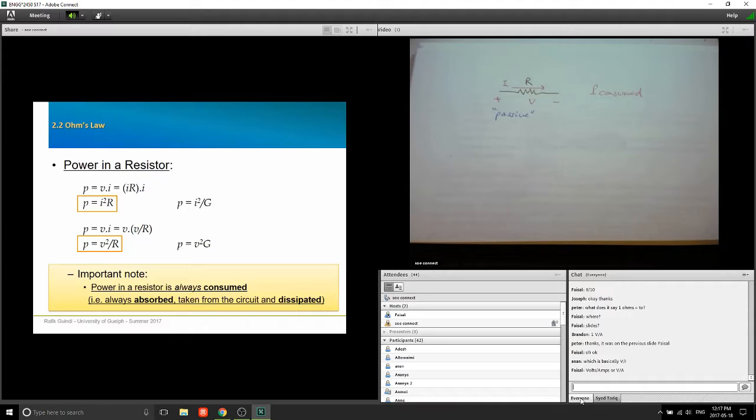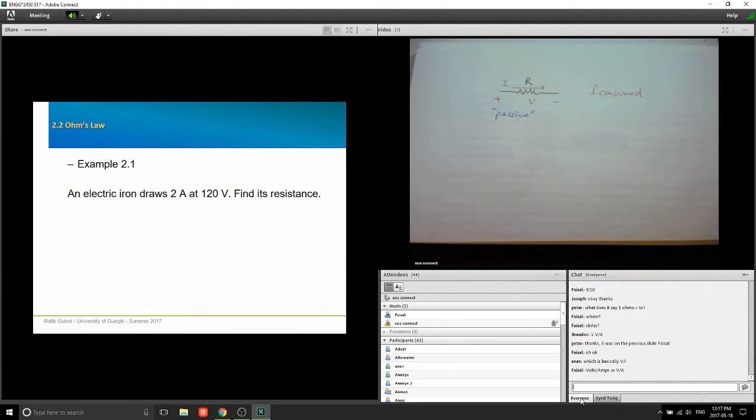A power source may end up eventually giving power to the circuit, or maybe it's placed in such a way that the power is actually going inside the battery, like charging a battery. You know how you charge a battery. So if you have a source, you can never tell before you solve your problem if the power is going to be supplied or consumed. But what you can always be sure of is that in a resistor, the power is always going to be consumed. Okay?